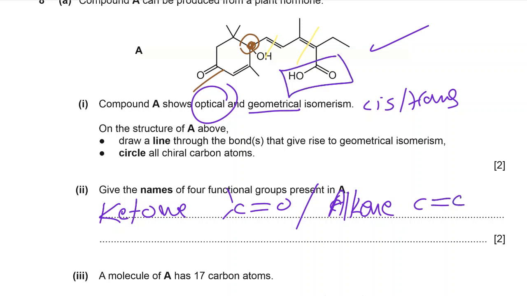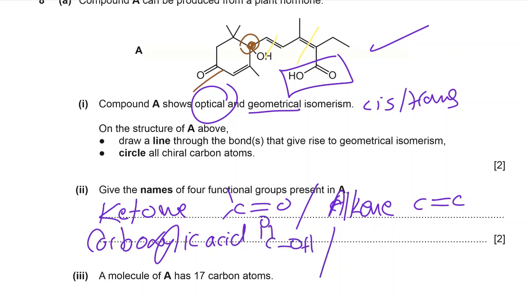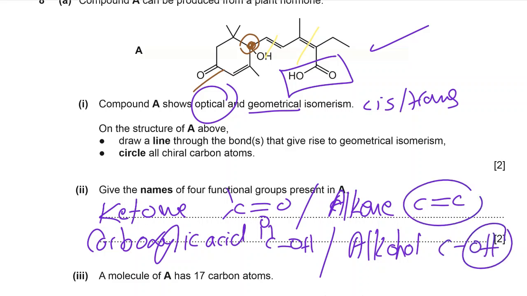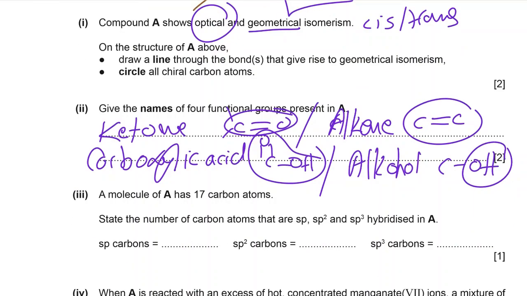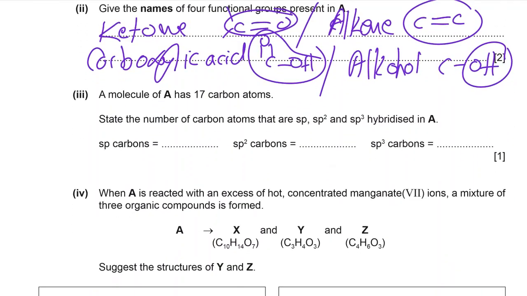You have this one, carboxylic acid, and you have OH, which is alcohol. We have named these four different functional groups.